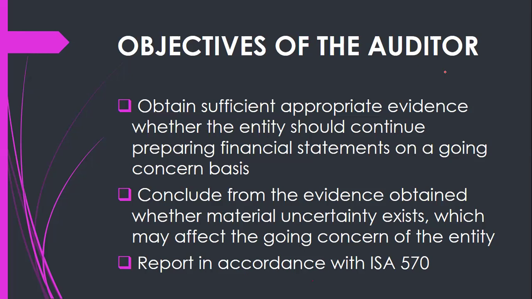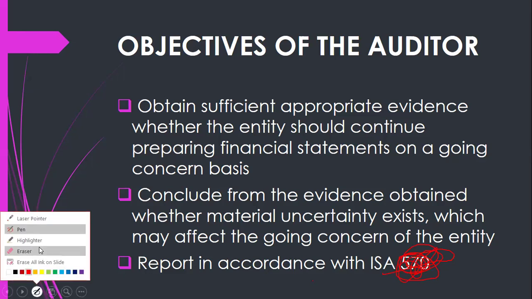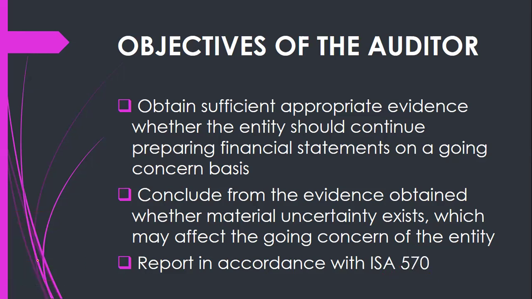Then three, the auditor needs to report in accordance with ISA 570. But in the exam, this is not really as relevant. But to show the examiner that you know exactly what you're writing, you can include that. But saying report in accordance with ISA is enough. So these are the objectives of the auditor.